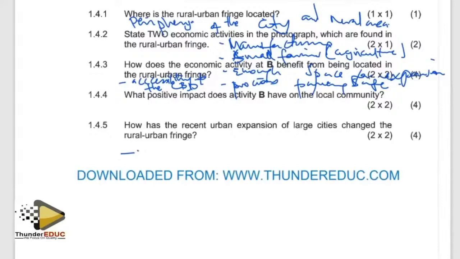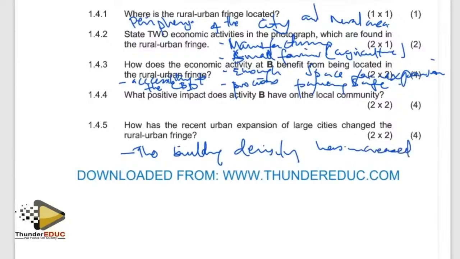Okay, then we'll start there by looking at infrastructure, the building density has increased in the rural urban fringe.